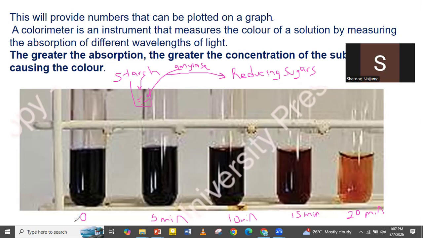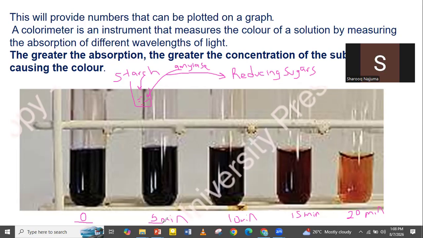When you look at the color at 0 minutes, it's almost similar to that at 5 minutes. And someone might think the starch is not being broken down. However, the reaction is happening, but our eyes are subjective. Our eyes might not be able to tell the color differences. That is how a calorimeter really comes into play.